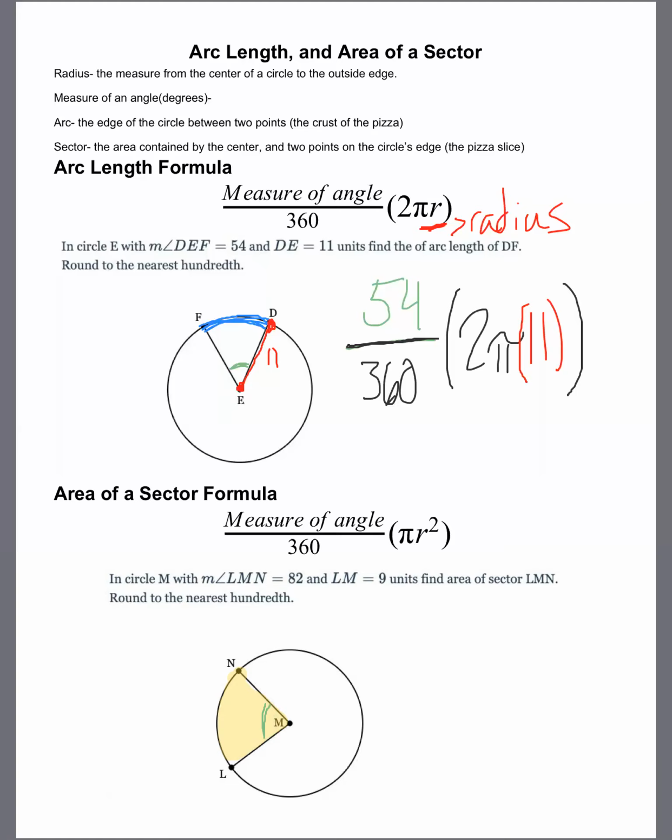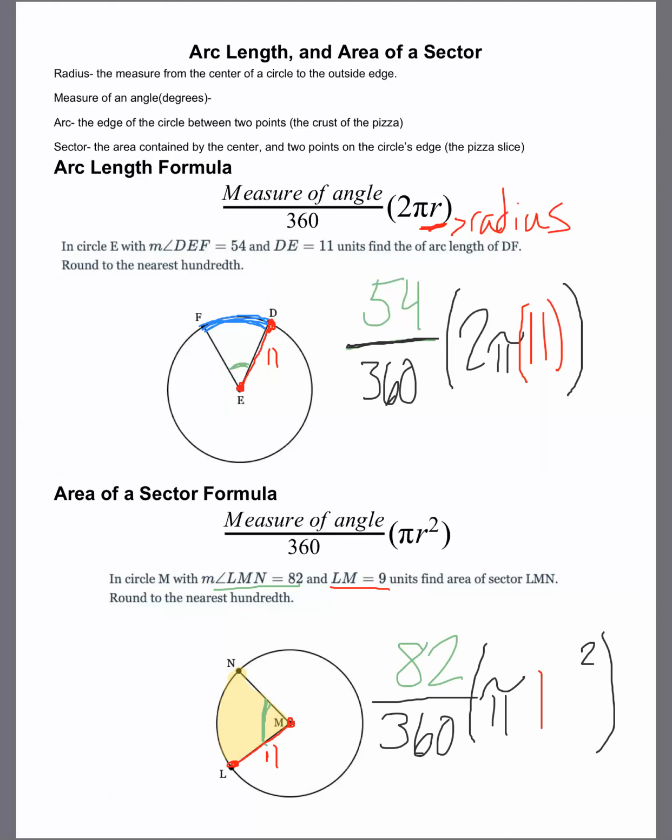So we would have 82 divided by 360 times, now this part's a little bit different because it's pi r squared. So we still need to figure out what our radius is. And they tell us that LM, so when I connect L to M, that's 9.